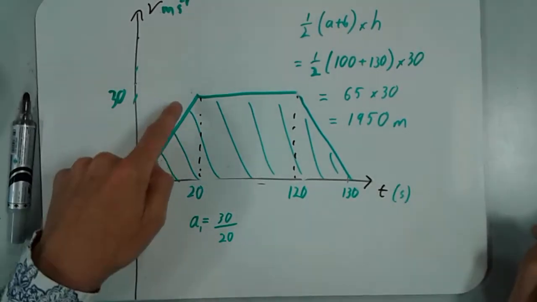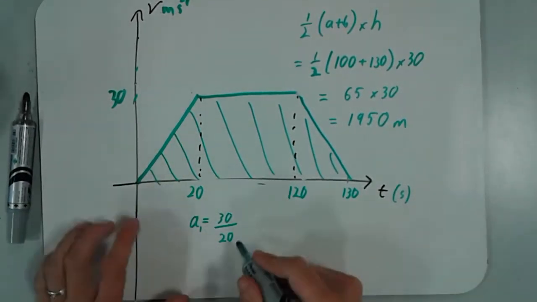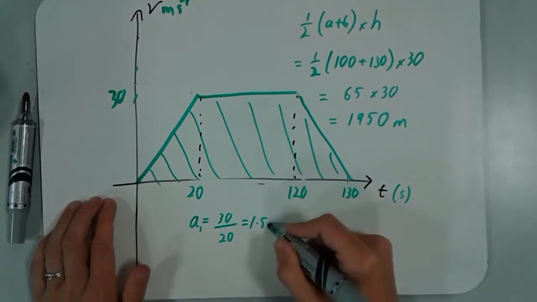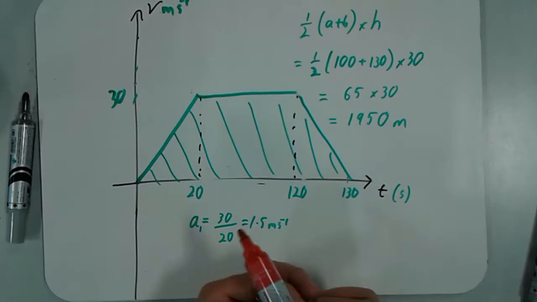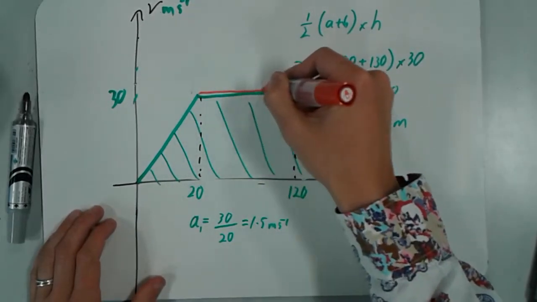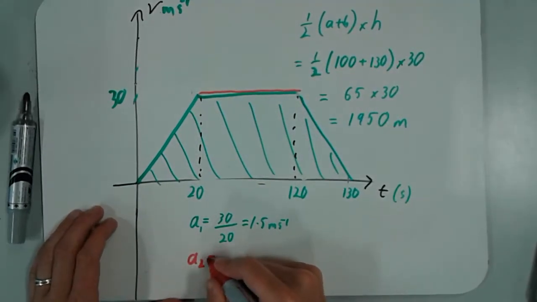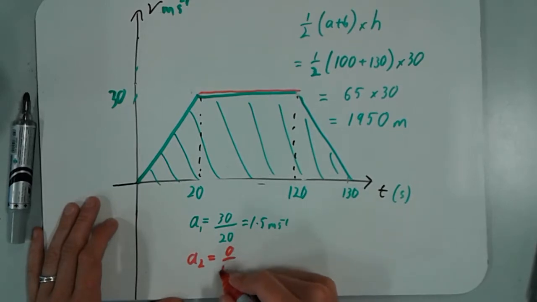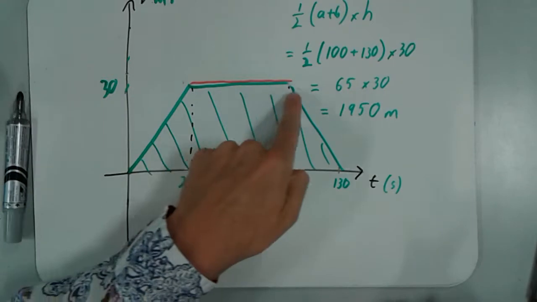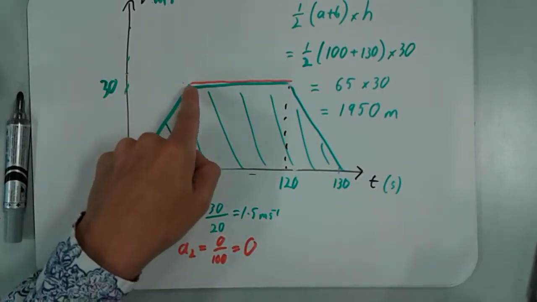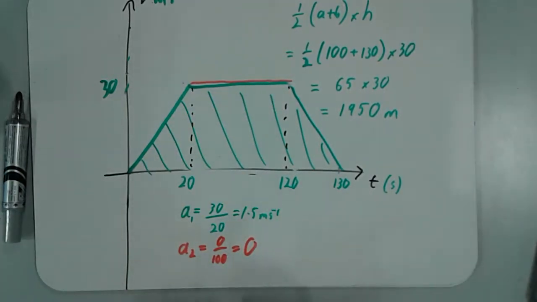That is change in y over change in x. So acceleration is the gradient. In this second section here, let's call it A2, we have 0 change in speed for 100 seconds, so we have no acceleration. Constant velocity is a horizontal line on a velocity time graph.